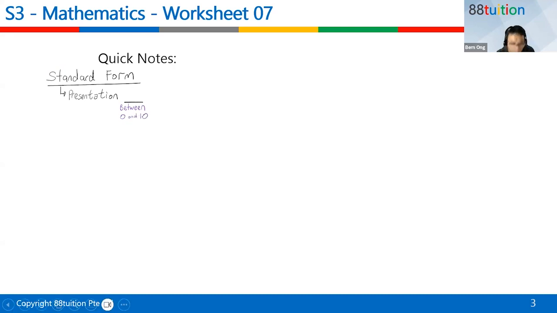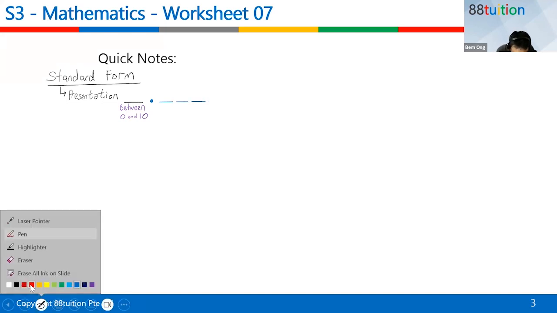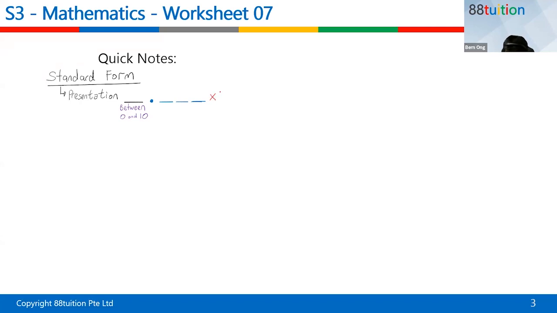So it can be from 1, 2, 3, 4, 5, 6, 7, 8, 9. Then after that, it must be followed by a decimal point, and the remaining numbers will follow. Then after that, you must give it a times 10 to the power of something. So the first number must be between 0 and 10, followed by a decimal, times 10 to the power of something. So it's just a form of presentation.